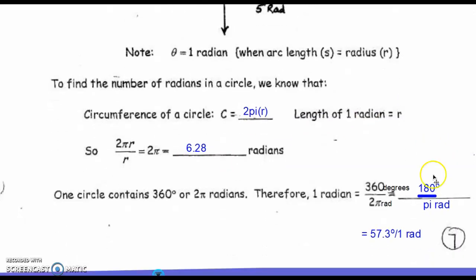We know that one circle is 360 degrees, or 2 pi radians. Therefore, 360 divided by 2 pi is 180 divided by pi radians. 2 goes into 360, 180 times, which turns out to be, if you actually punch 180 divided by 3.14 into your calculator, 57.3 degrees.